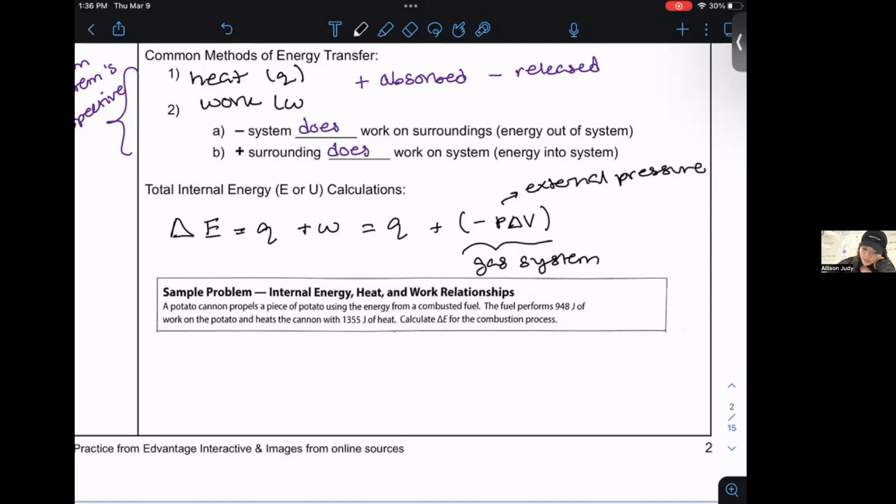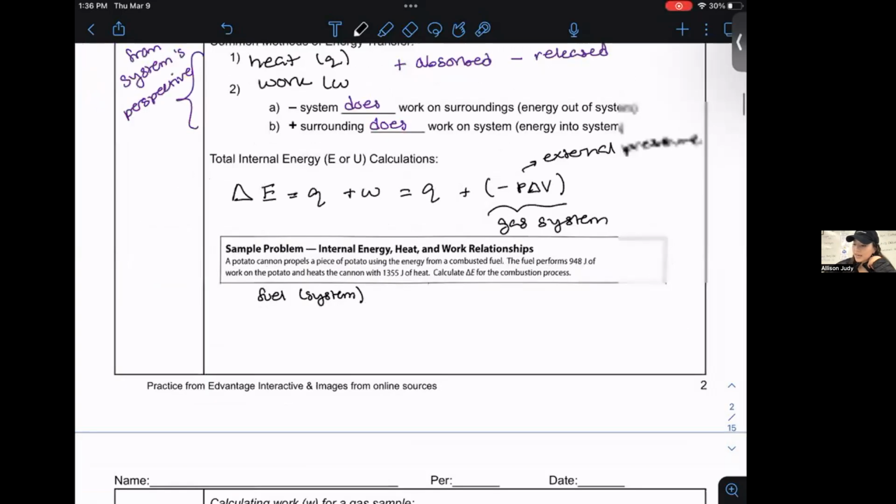So if the fuel performs 948 joules of work on the potato, we're going to go from the system perspective always, okay? That means work is going to equal negative 948 joules because the system's doing work on the surroundings, the potato.